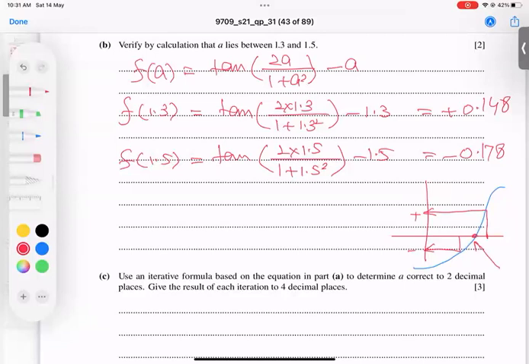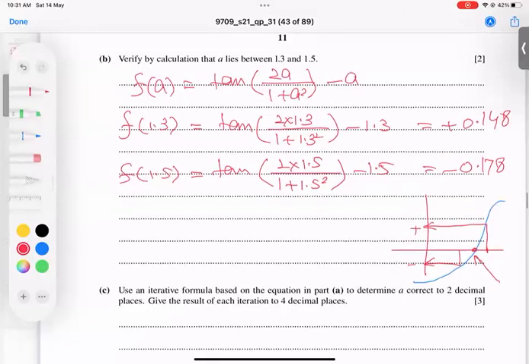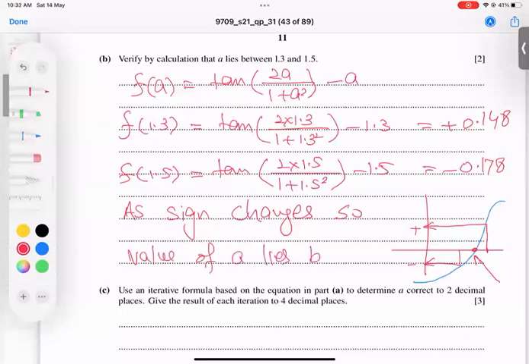So we can say proved, hence, as the sign changes, the root value, the value of a, lies between 1.3 and 1.5.